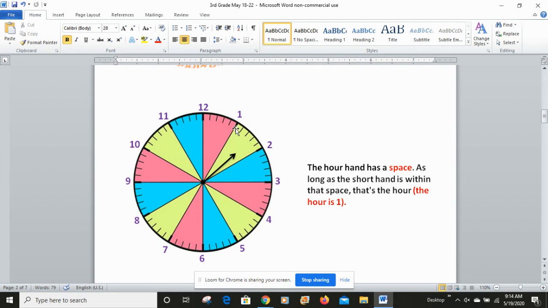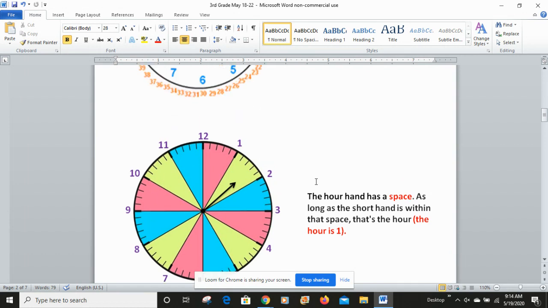Not till we get exactly to 1 does it change from the 12 hour to the 1 hour. And if that hour hand, the short hand, is anywhere in this space, this would be the 1 hour. After it passes the 2, this would be the 2 hour, the 3 hour, the 4 hour, the 5 hour, and so on up around the clock.